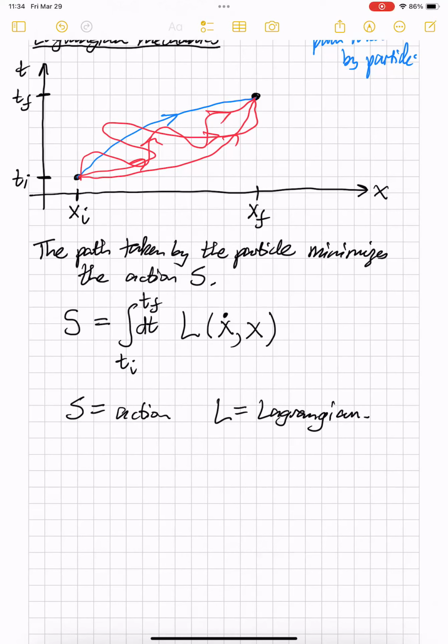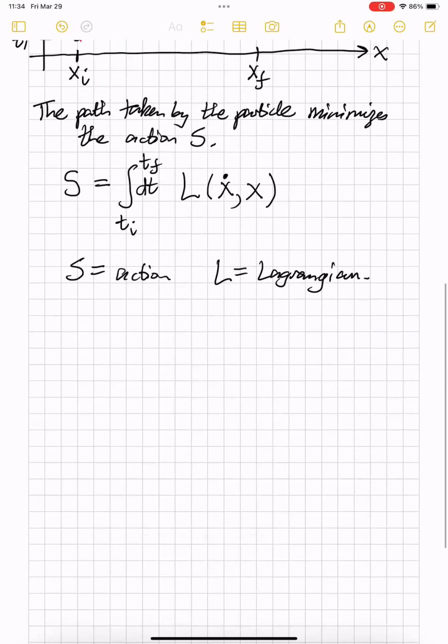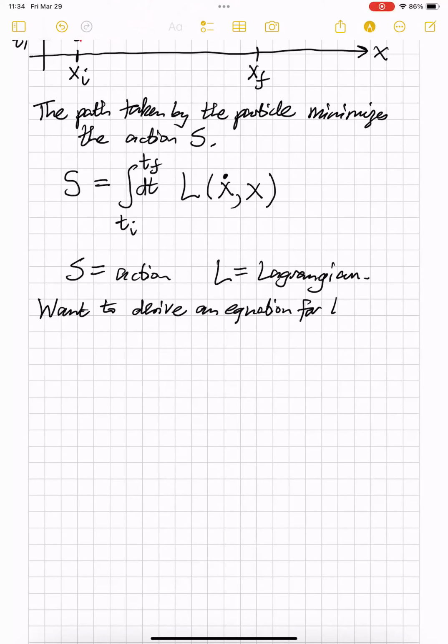Okay, so what we want to do now is derive an equation that we can solve for the path that minimizes the action.